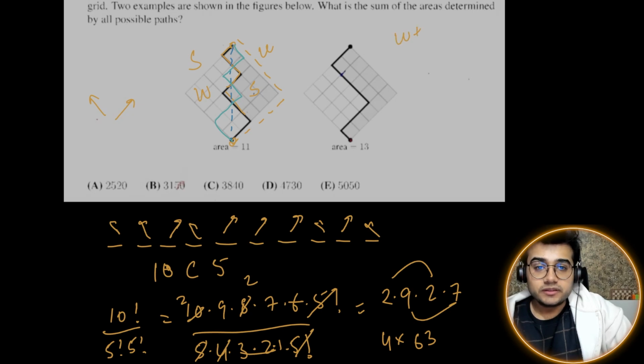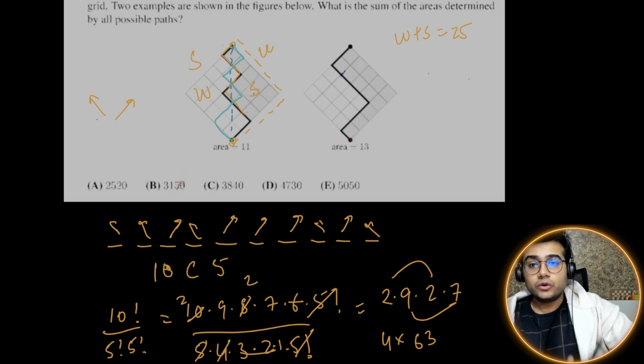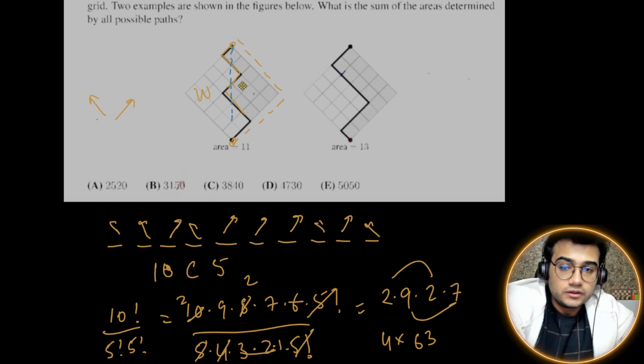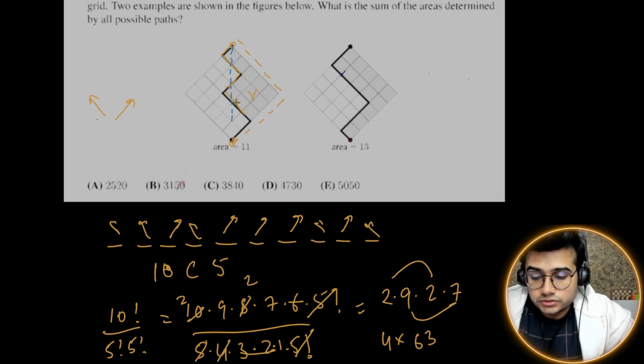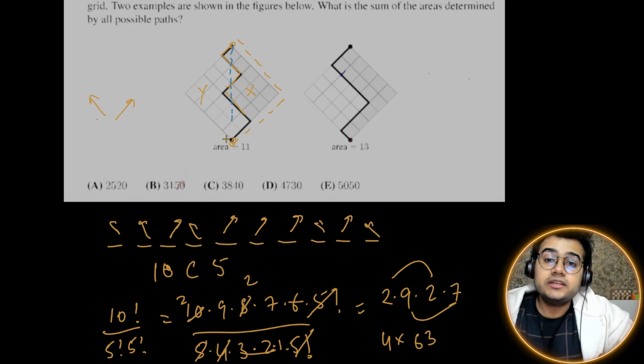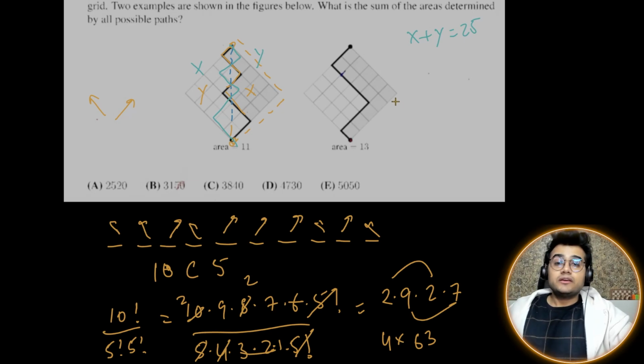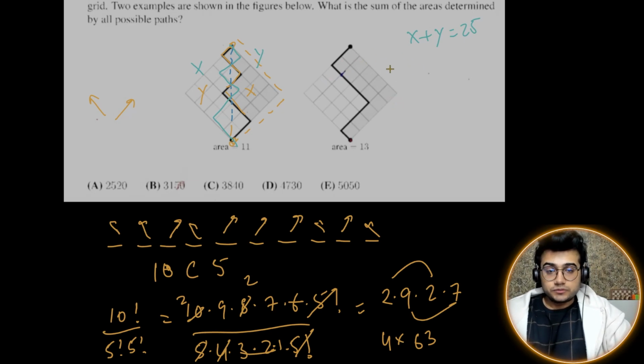And we know that W plus S is equal to 25, right? So let's actually call them X and Y. If this was X and this was Y in the symmetric possibility, which is this, this region will be the same as X and this region will be the same as Y. Since we know X plus Y equals 25, we know that 2x plus 2y equals 50.